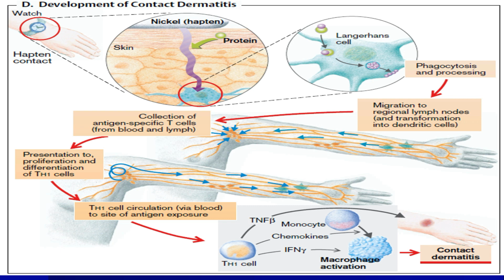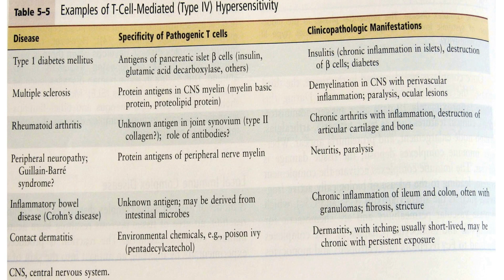1. T helper 1 circulates in the blood system to the site of antigen exposure, and this activates T helper 1 to secrete several mediators that influence monocytes and macrophages and activate these cells. These mediators influence the skin and change the normal structure of skin, and may form contact dermatitis.